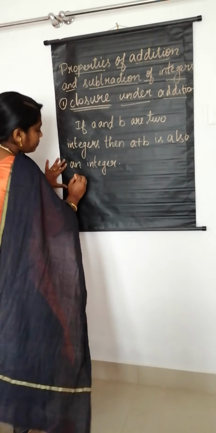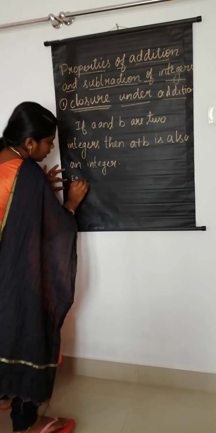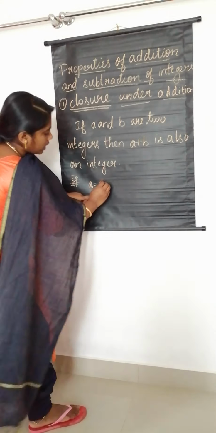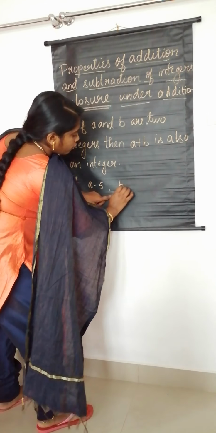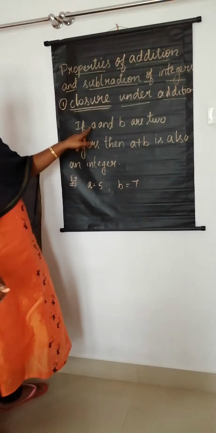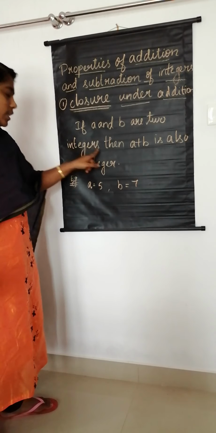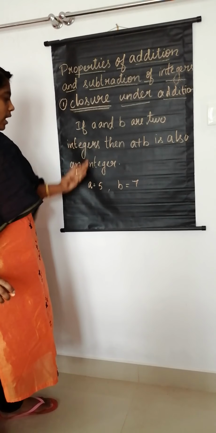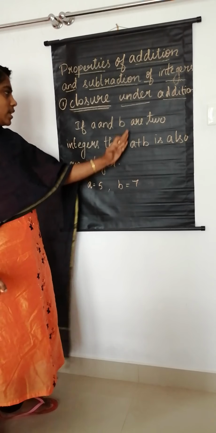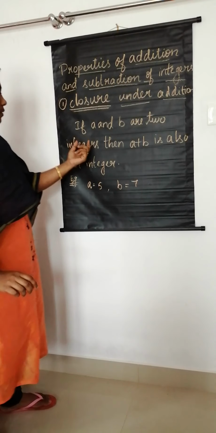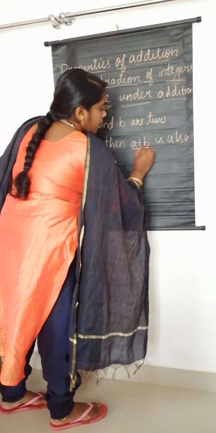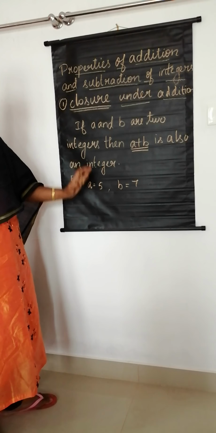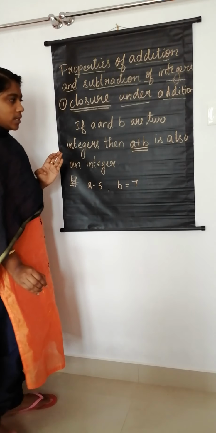For example, instead of A we are taking 5 and instead of B we are taking 7. If A and B are two integers, then A plus B is also an integer.